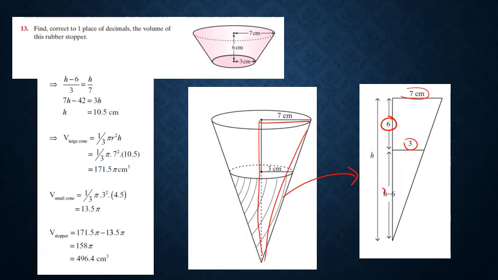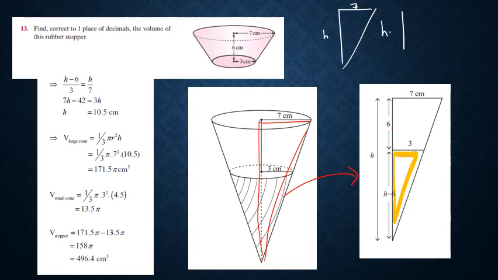So what we can use now is our similar triangles to help us work this out. We covered this in geometry a few weeks ago. So we have a large triangle with a height of h and 7 on that length. And then we have a smaller triangle, which is this one here, and that is going to be h minus 6 with 3 there.